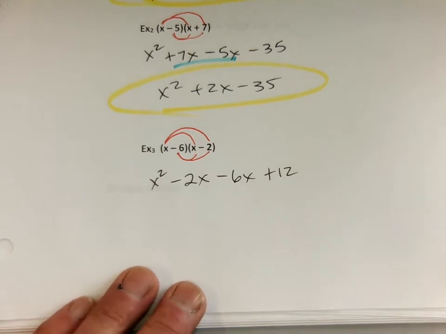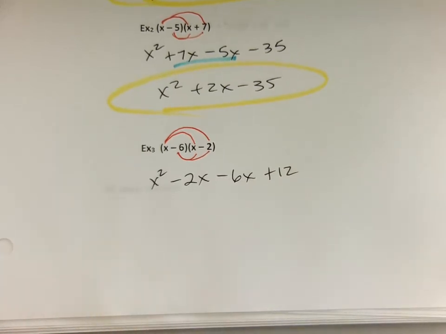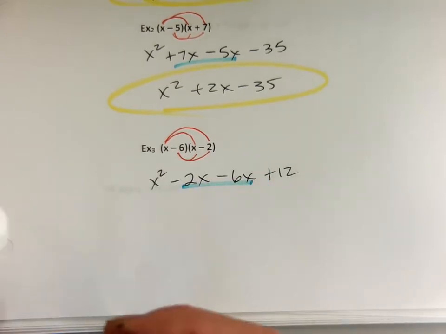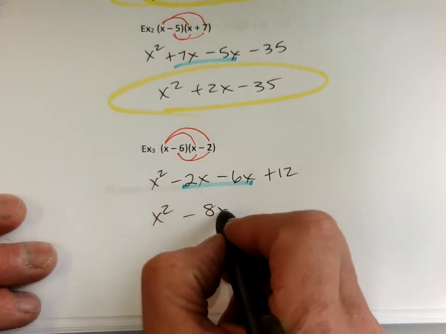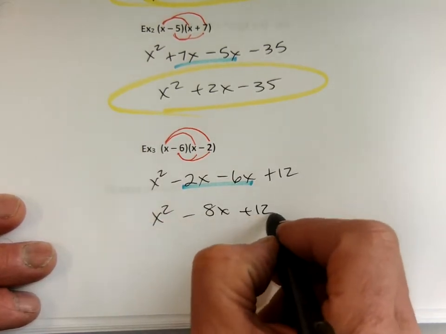Hopefully you got to that spot. I'm going to again combine like terms, and the two middle terms are the same. I'll rewrite this as an x squared minus an 8x plus 12.